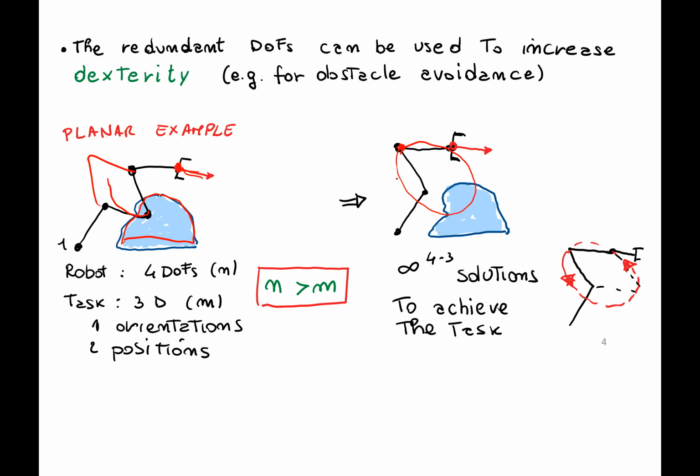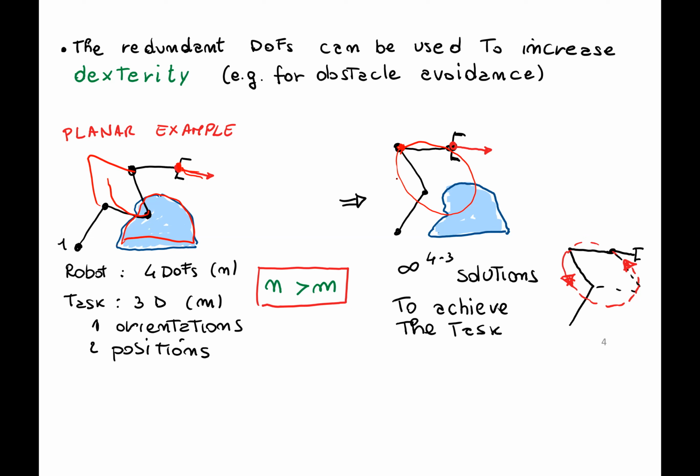And if you think about our human arm, if I want to keep the end effector position and orientation constant, you have an infinite number of joint solutions that correspond to the same orientation and the same end effector position.